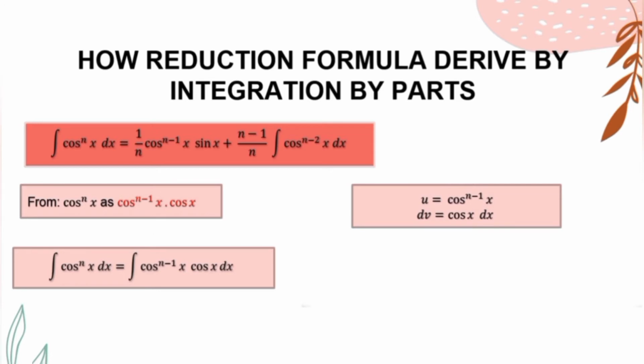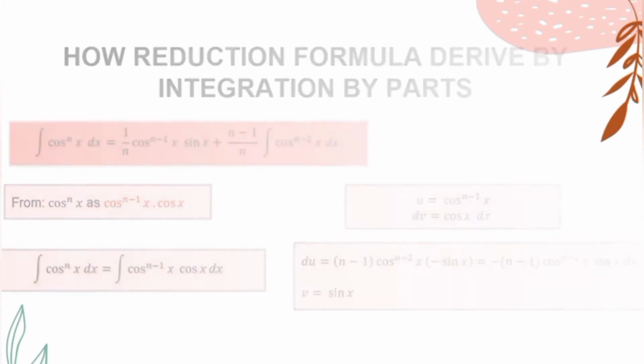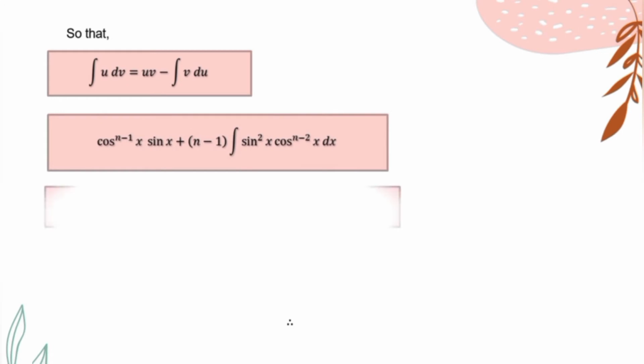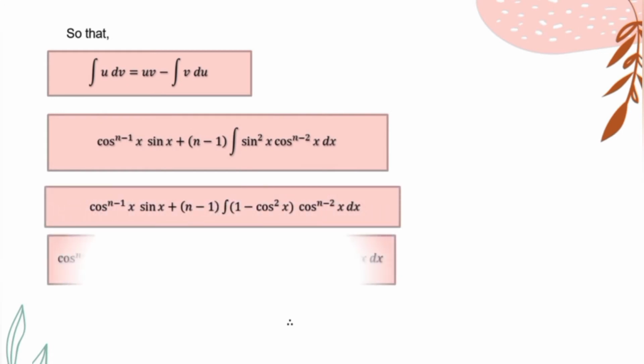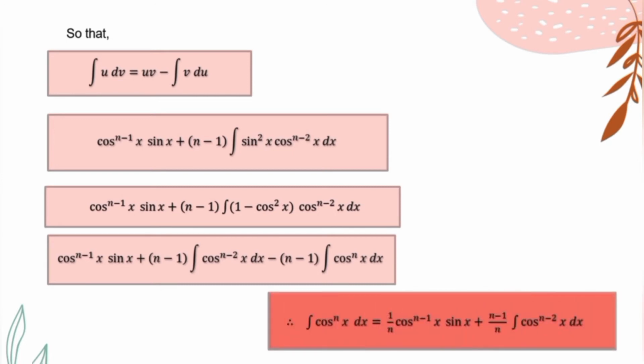For u, we differentiate cosine x to the power of n minus 1, and for dv, we integrate cosine x dx, so that we can write it into this formula and solve it one by one. Lastly, by moving the last term on the right to the left side, it will yield the reduction formula for cosine x to the power of n.